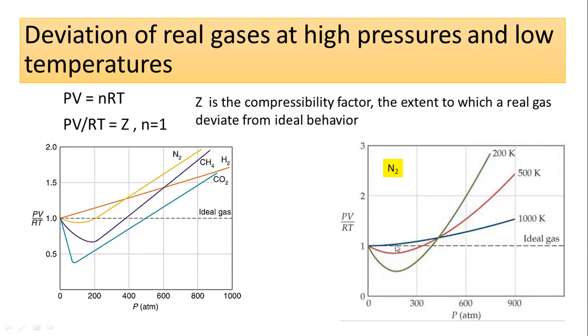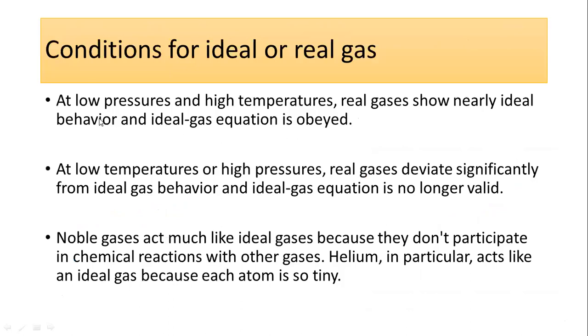At high temperature this deviation is less as compared to the low temperature, which starts from over here. So this is the behavior of real gases with respect to ideal gases.